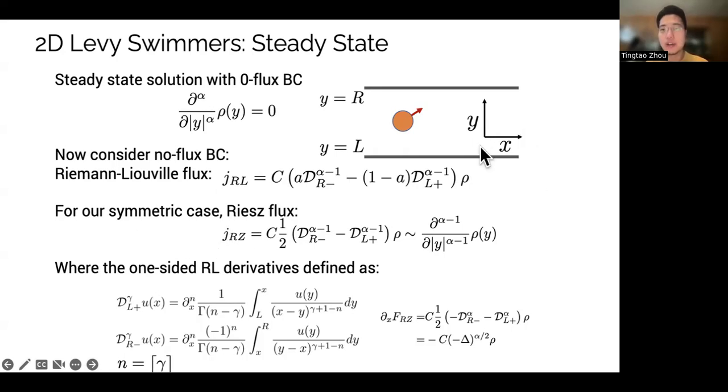And in our case, because of the left-right symmetry across the channel, this Riemann-Liouville flux will reduce to a Riesz flux, right? So it's a symmetric flux. And we know how to write that, and we can construct it from the one-sided Riemann-Liouville derivatives.